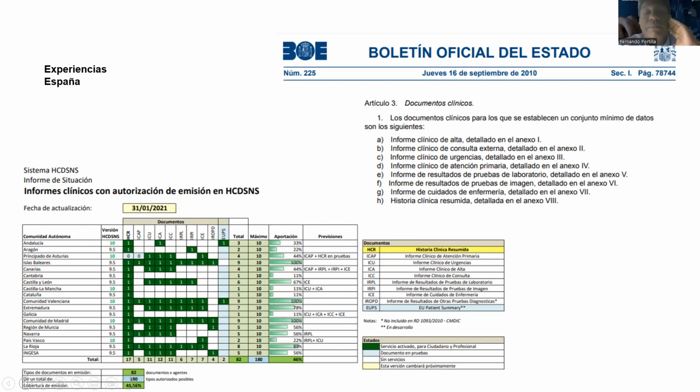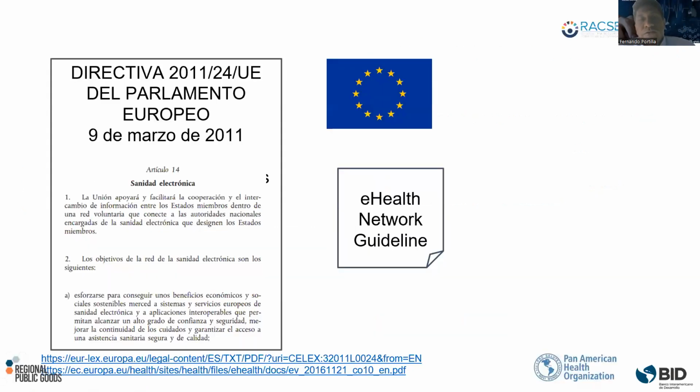And we can also see here at the bottom, more or less how this is being used. The types of use that it has in the different locations within Spain. So HCR is precisely the electronic or summarized clinical record, and this is the type of document that's being used in these particular communities or areas. So this is part of the experience, on top of what was happening with EPSOS.